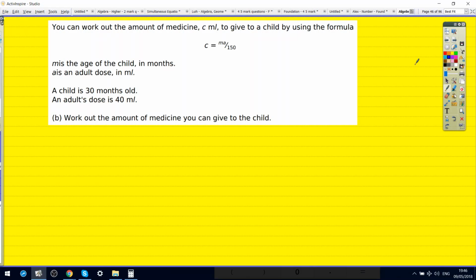It's basically C equals M times A divided by 150. So M is the age and A is the adult dose. That's 40. So what would you put in?